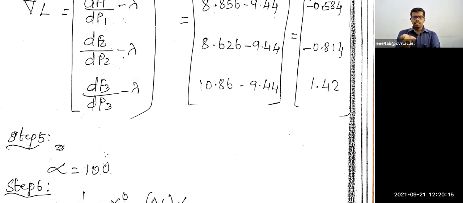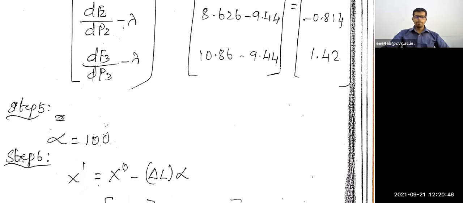Here also, while solving, you can consider some other values and see. But in programming it is very easy. Simply, instead of 100 you can change to 0.1, 0.01, 1 or 10. Like that, you keep some other values and see how fast the convergence you're getting. So in this problem, I am taking this alpha as 100.